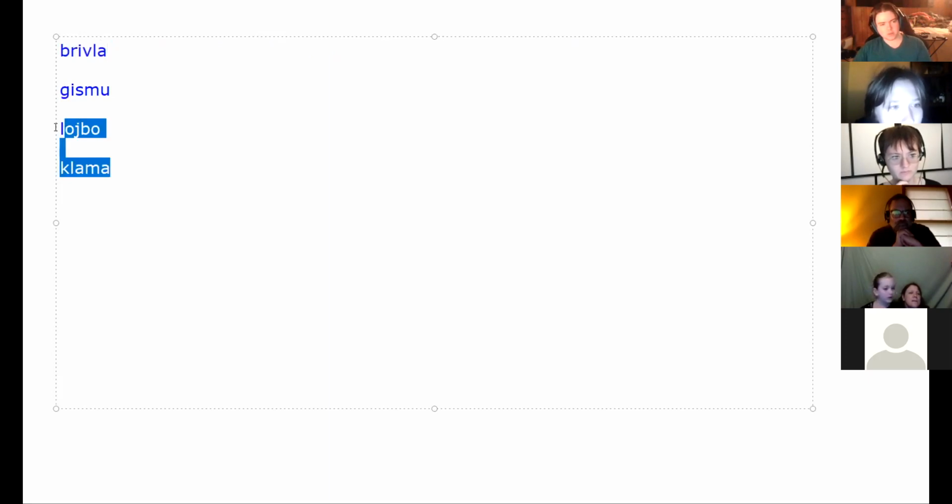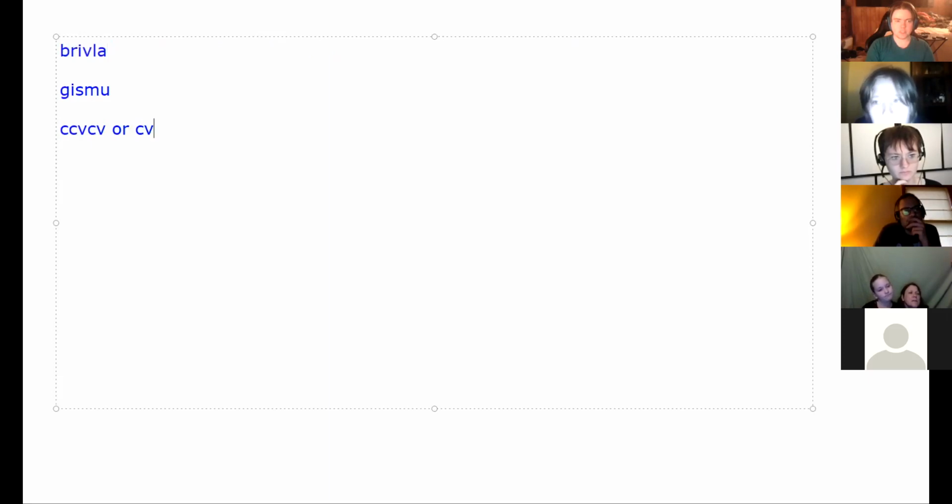So basically you've got two different types of these root words: CVCCV or CCVCV. Those are the two types you can get. You'll notice they're always five letters. They always begin in a consonant, they always end in a vowel, and they always have a consonant cluster within the first five letters. That's a thing that all brivla have.